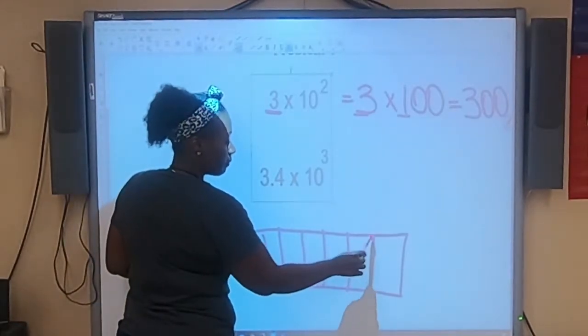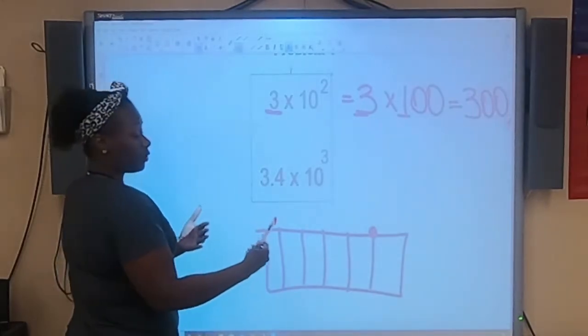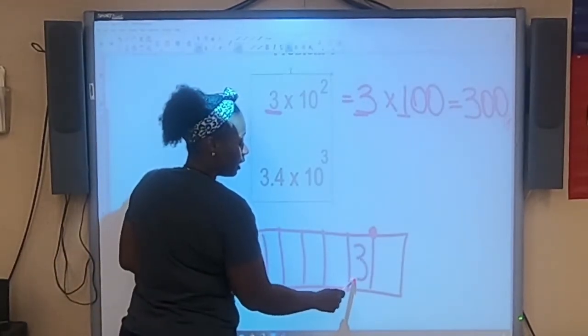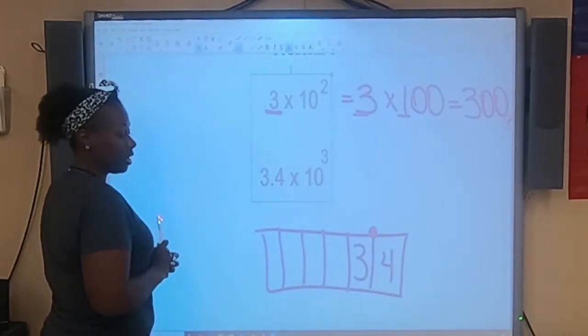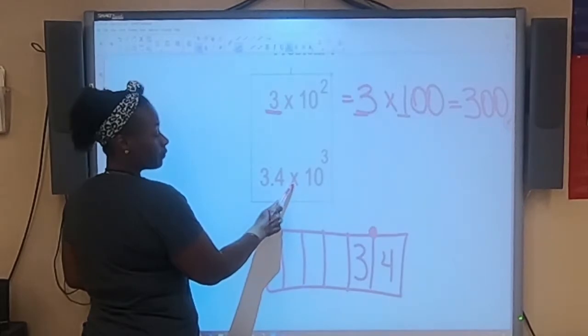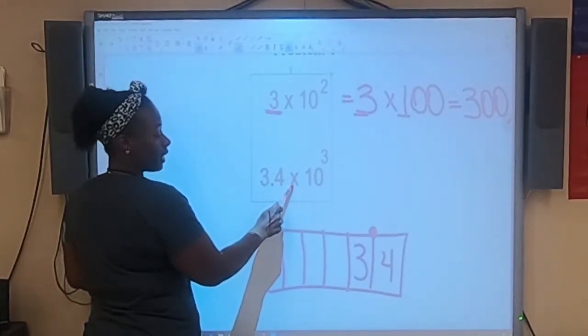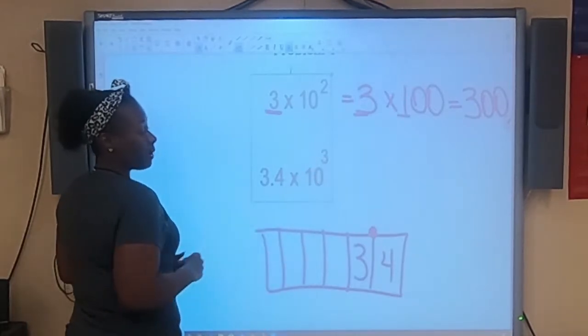I'm going to write my decimal right here because I only need one decimal place, but it really doesn't matter where you put your decimal. So 3 and 4/10. Remember, we learned that when we multiply, we're shifting the digits. My exponent tells me how many times.